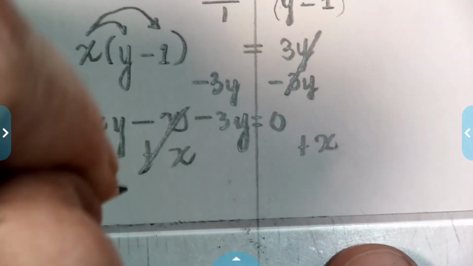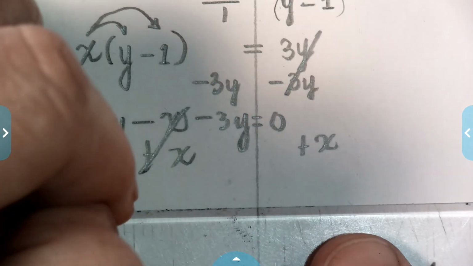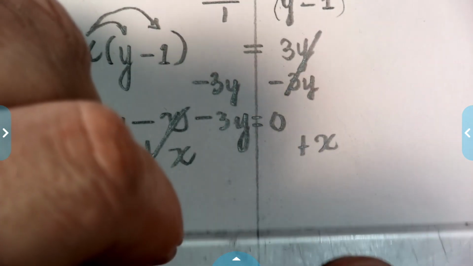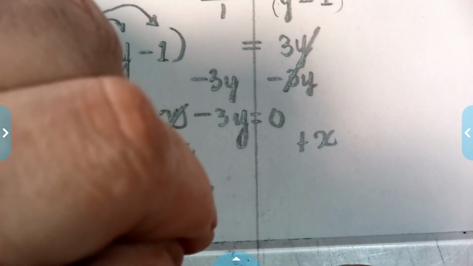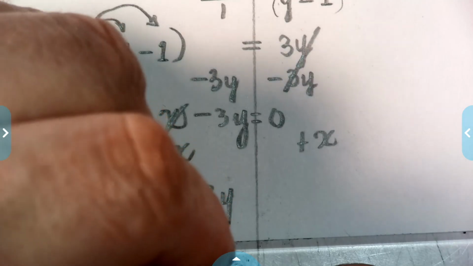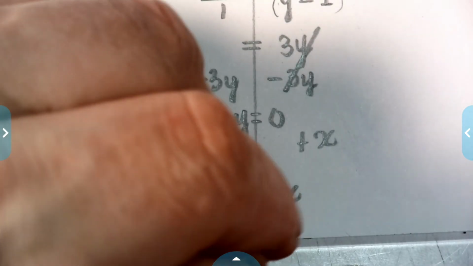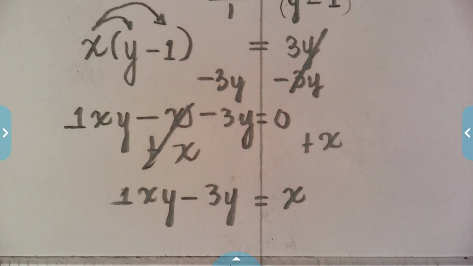So now here I've got, again, 1xy minus 3y equals x. Okay. Well, now I bet you know what I'm going to do. I'm going to factor out a negative 3y.